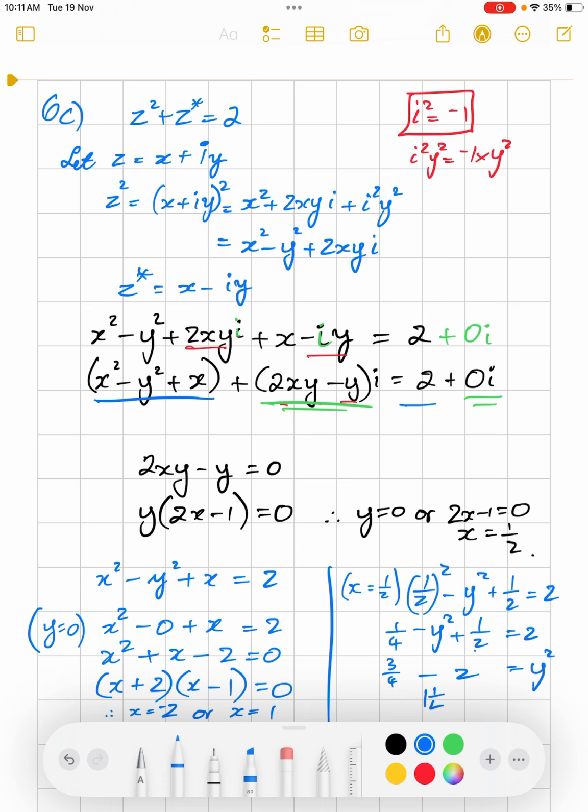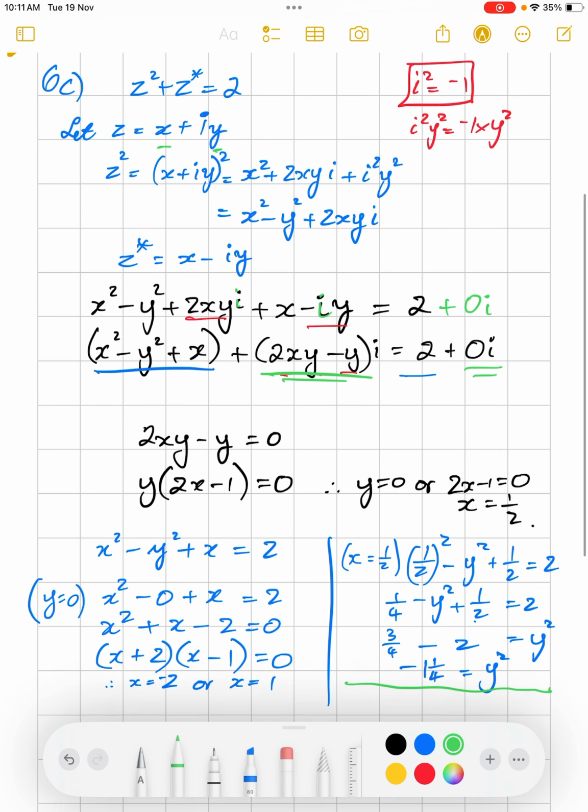Since that's not possible, we will eliminate this solution because y has to be a real number. y squared can't be negative, because x and y are both real numbers.